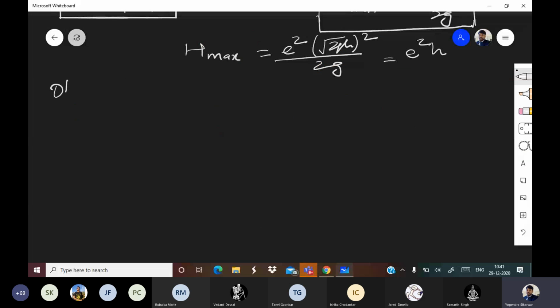So oblique collision. What was happening so far in head-on collision was that objects were moving on a straight line. Correct?